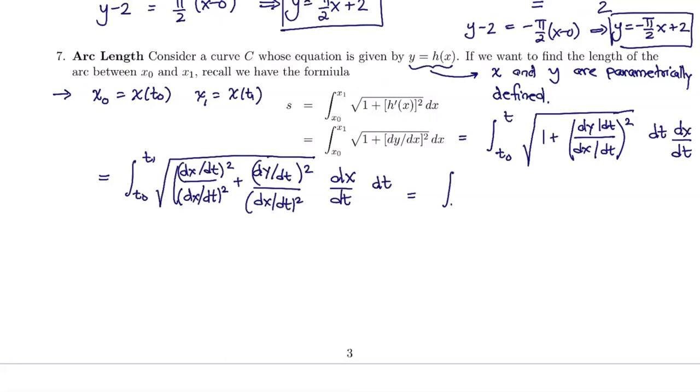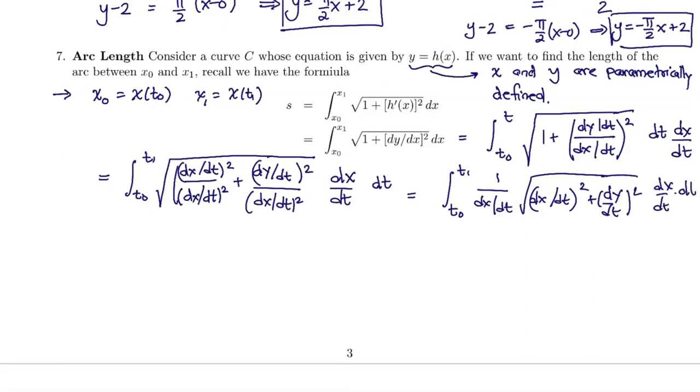This gives us the following: t0 to t1. I can pull out the 1 over dx dt times the square root of dx dt, the quantity squared, plus dy dt, the quantity squared, dx dt times dt.